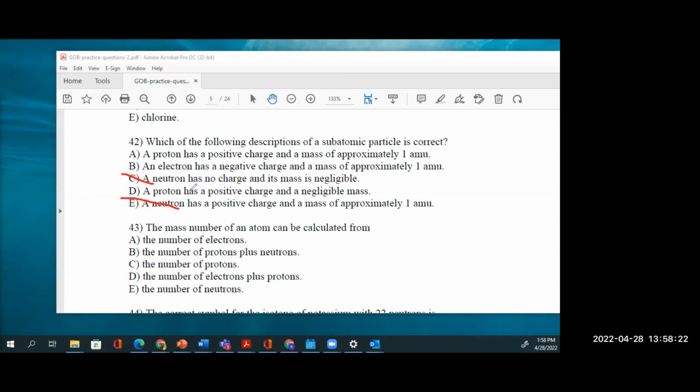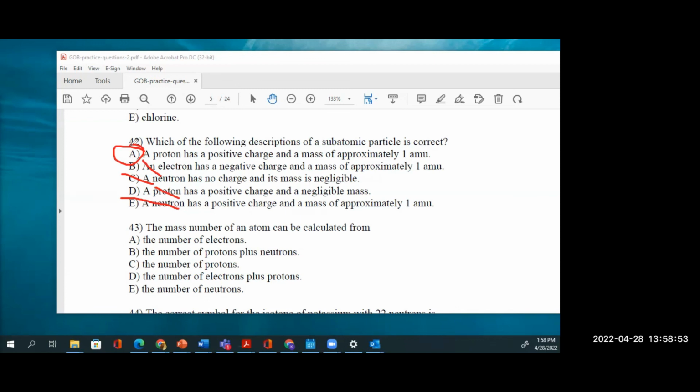And protons also contribute, because it's neutrons plus protons that add up to the mass, so this one is wrong. And we know that an electron is negatively charged, and I told you that an electron weighs like a speck of dust, so it's negligible. So the correct answer is A. So when in doubt, start eliminating things.